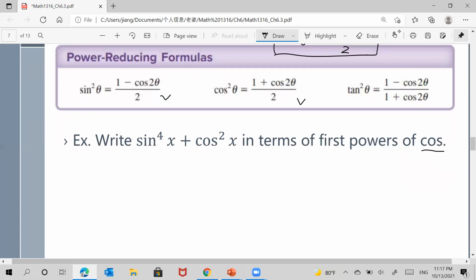We just learned squared, and we haven't learned the fourth power. That means we can do that step by step. This term I just skip, copy down the question. This term equals sine squared x squared because they have the same base, so 2 times 2 is 4.